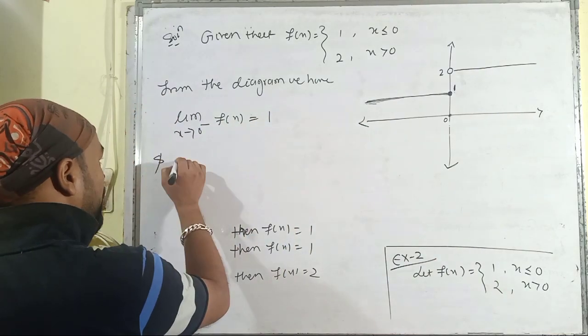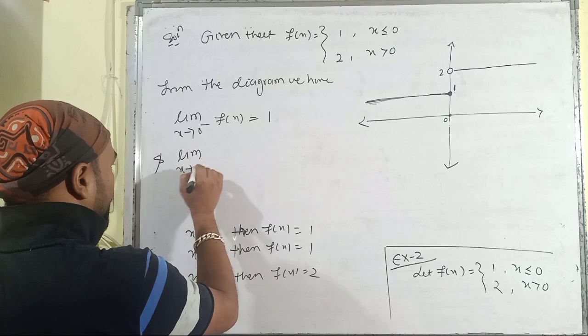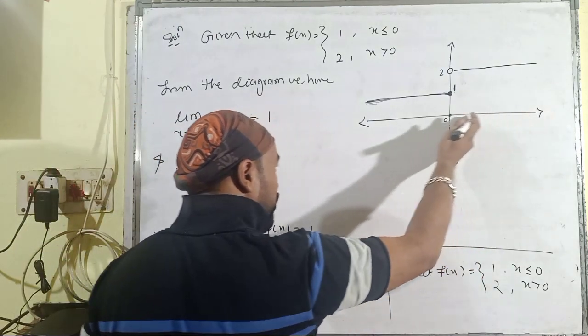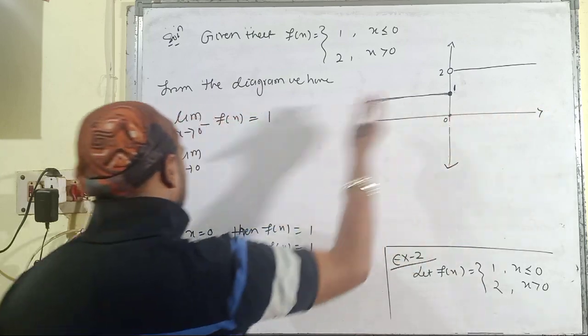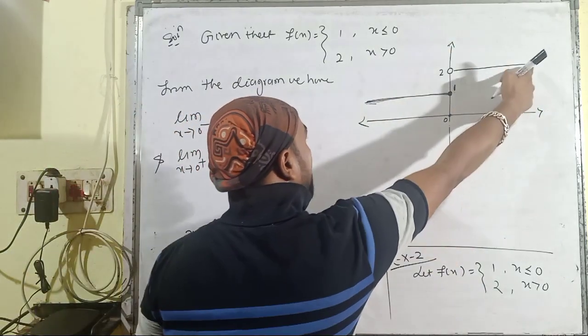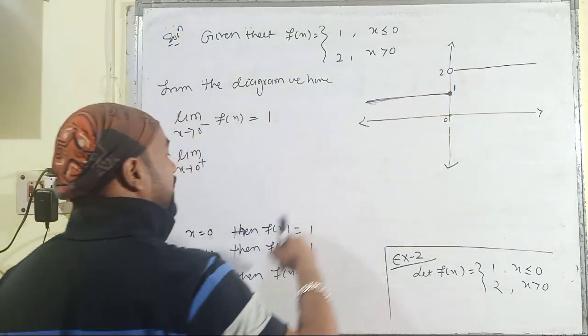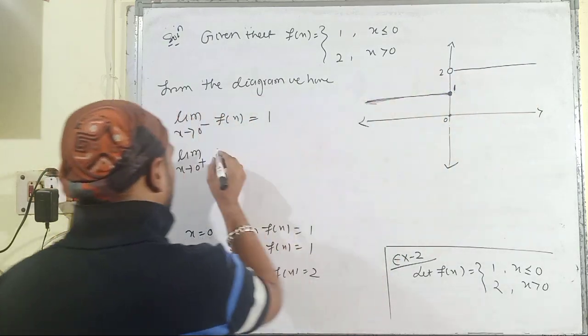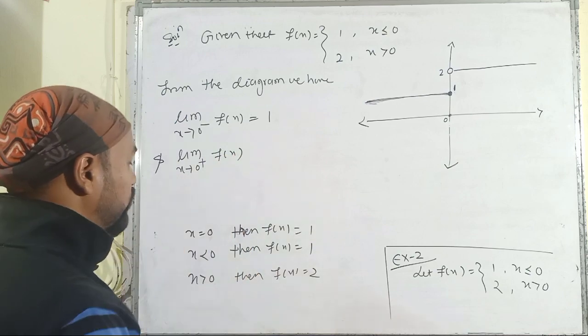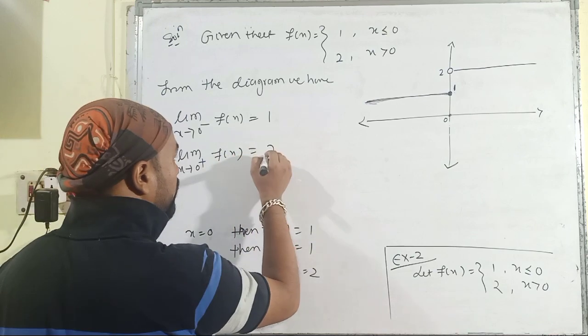But when we are approaching from the right hand side, that means x approaches 0 plus, then the value of f of x approaches the point 2. So the limiting value of f of x when x tends to 0 plus is equal to 2.